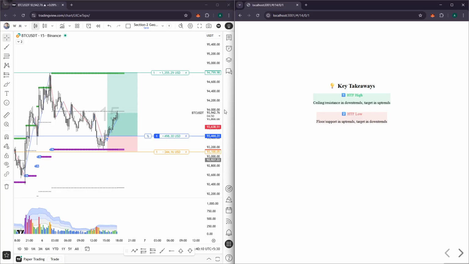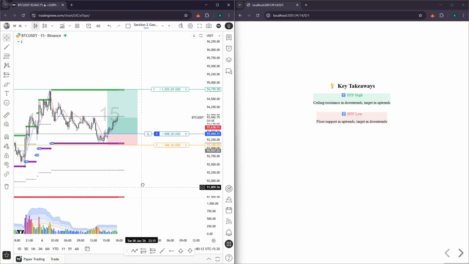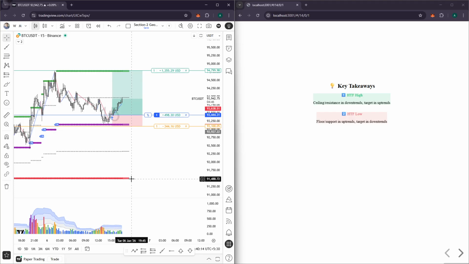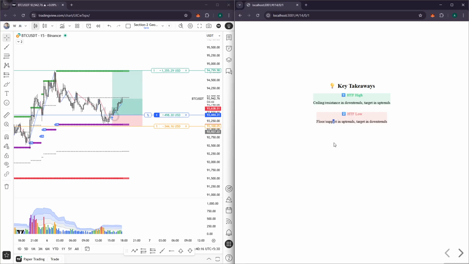STF low is your floor. We can think of them as floor or support in uptrends or target in downtrends. And HTF is your equilibrium point, center of gravity, which is the most important level. It acts as a magnetic point. Okay, like you can say midpoint magnetism.